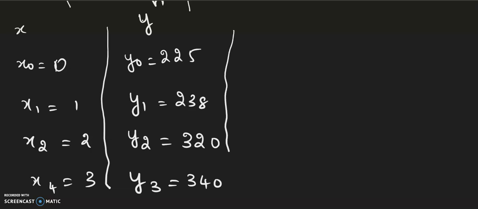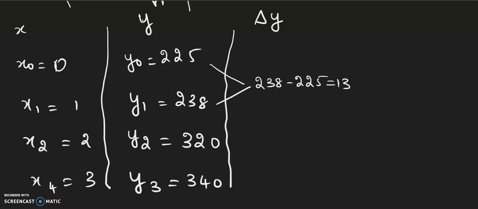So remember we wrote del y. That is going to be your first difference. To find del y, I have to subtract, always this is a thumb rule, the second value minus the first value. That is 238 minus 225, which is nothing but 13. I will write this here.